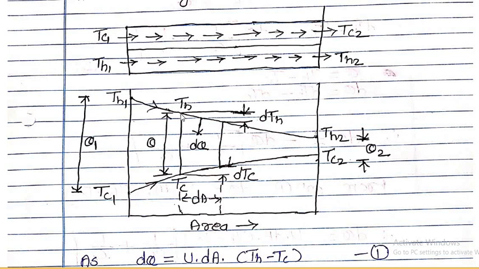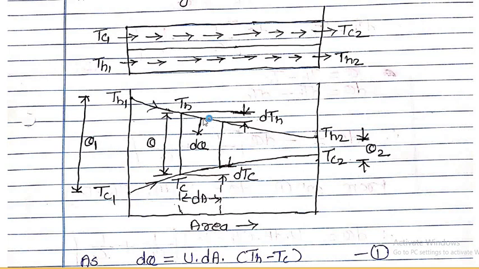The initial temperature of the hot fluid for this particular area we consider as Th, and the initial temperature of the cold fluid we consider as Tc. The initial temperature difference we consider as theta: Th minus Tc is equal to theta.